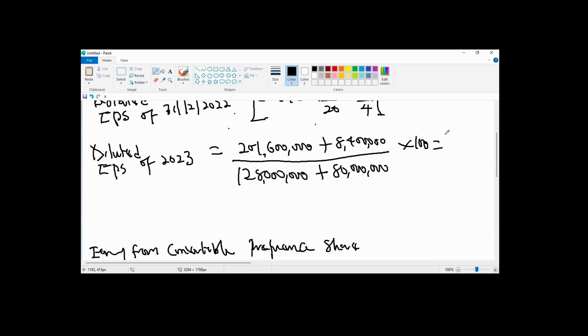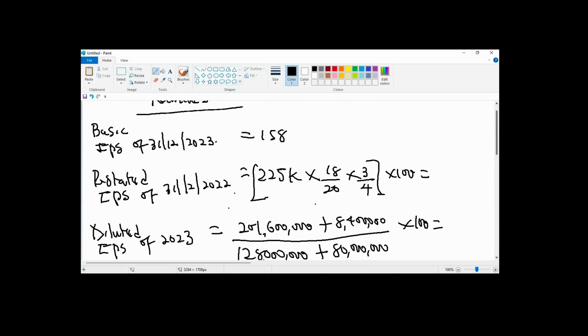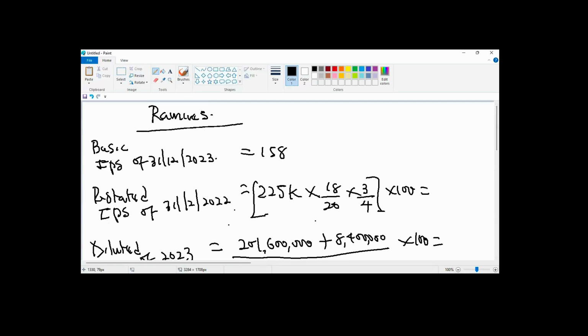How much is the diluted now? How much is it diluted? 163 kobo, 109, 150?